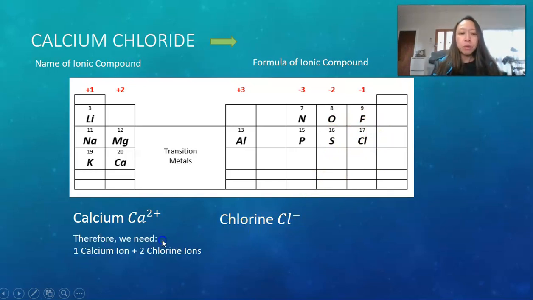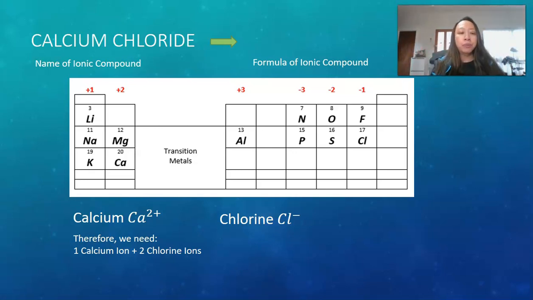Therefore, in order for the ionic compound to be formed, we need 1 calcium ion and 2 chlorine ions. Why is that so? That's because calcium will give out 2 electrons, but 1 chlorine can receive only 1. That's why we need another chlorine to receive the 2 electrons.